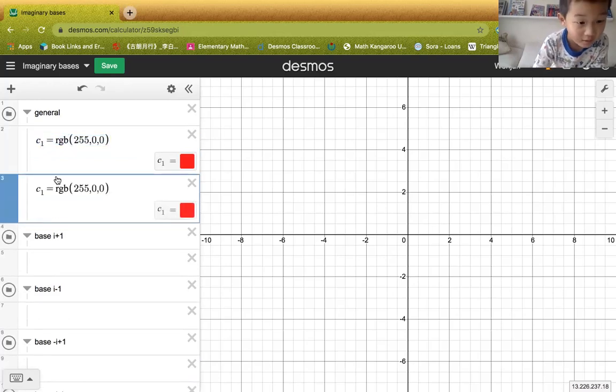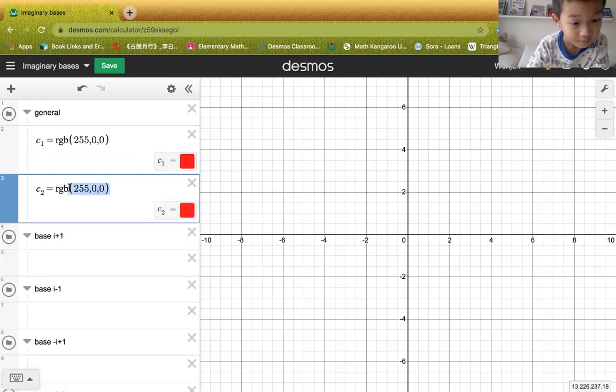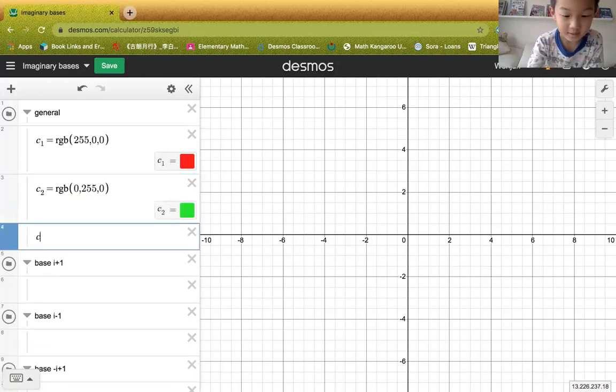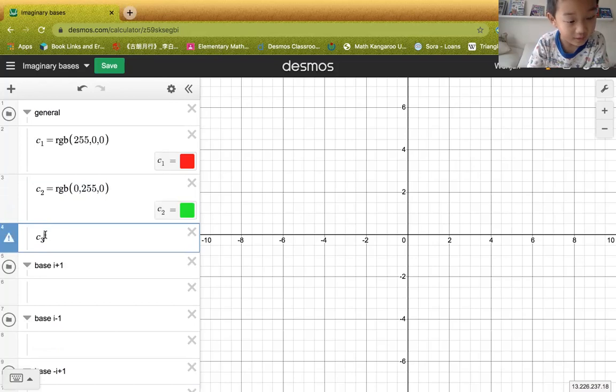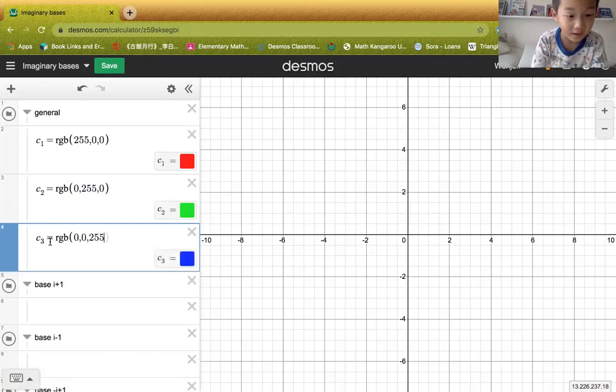Now I'm going to duplicate this. This is the exact same thing. Now it's black. Now it's green. I'm going to set this to C3 equals RGB of 0, 0, 255.